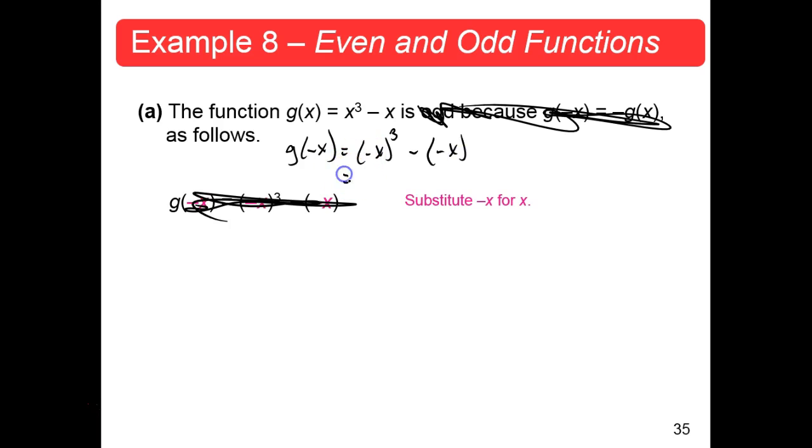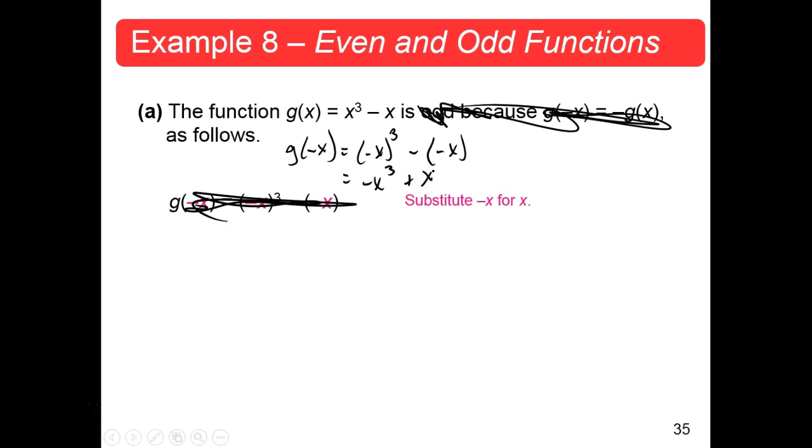Well, what's negative x cubed? It's negative x cubed. Almost redundant, isn't it? Because you do a negative x times negative x, you get a positive x squared, but then multiply it by another negative x, you get a negative x cubed, right? And then when you do minus times minus, you get plus x.